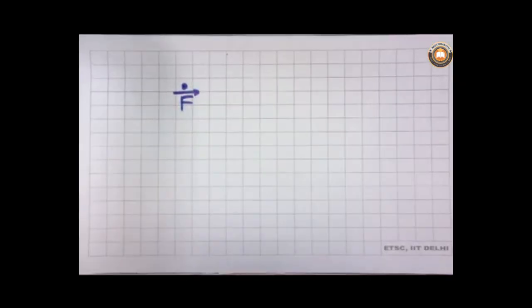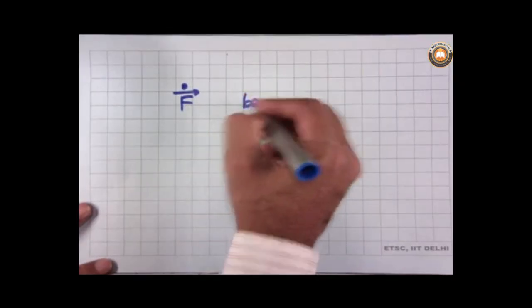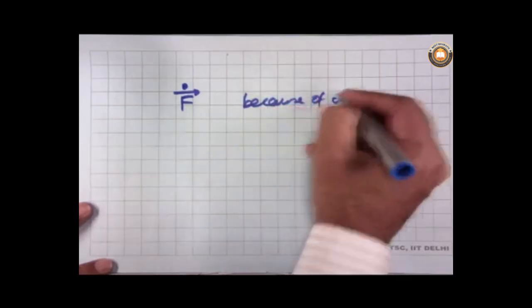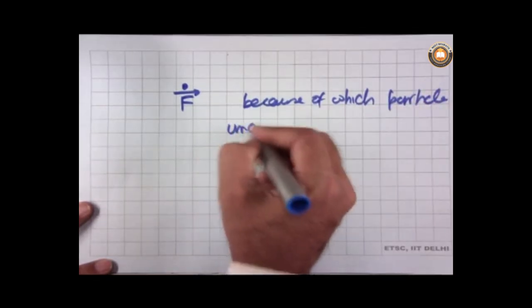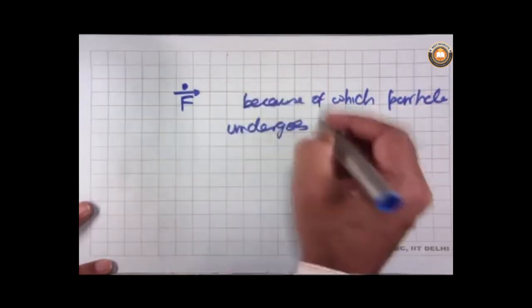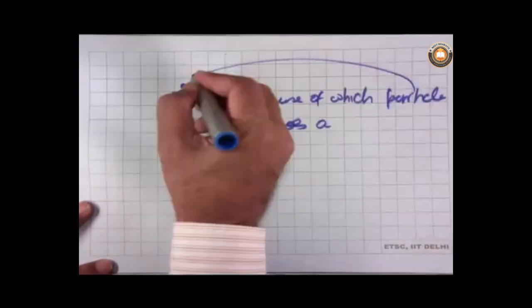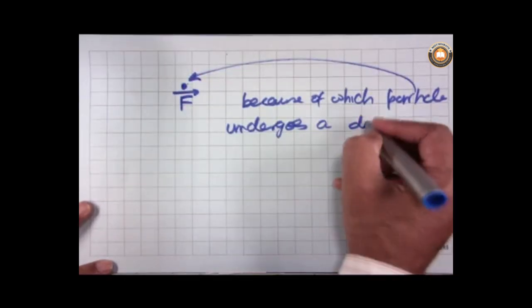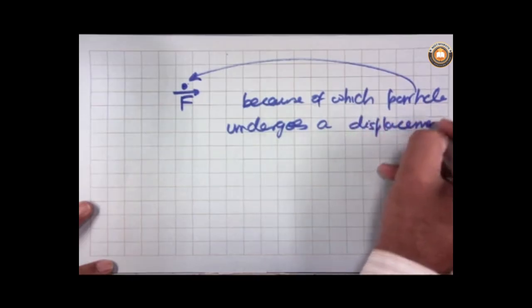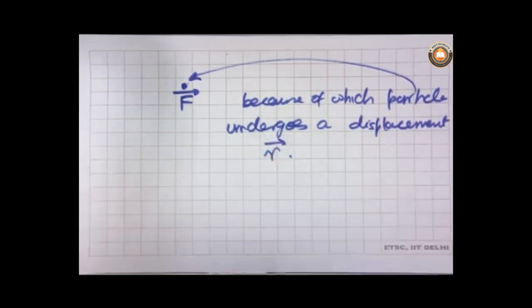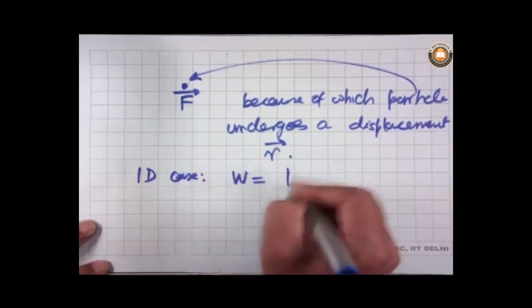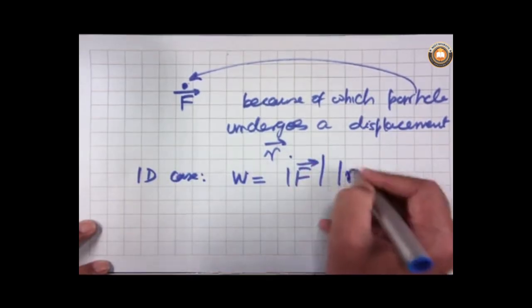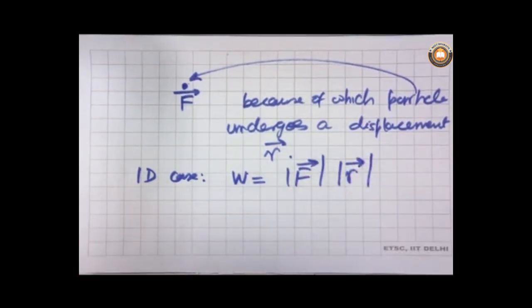We have a force F which is acting, because of which the particle, which I am showing as a dot, undergoes a displacement r. Therefore, for the 1D case, work done will be equal to the magnitude of F times the magnitude of r.